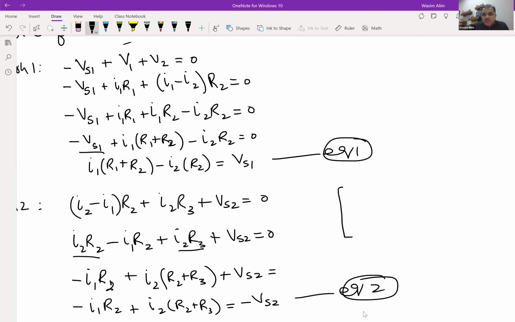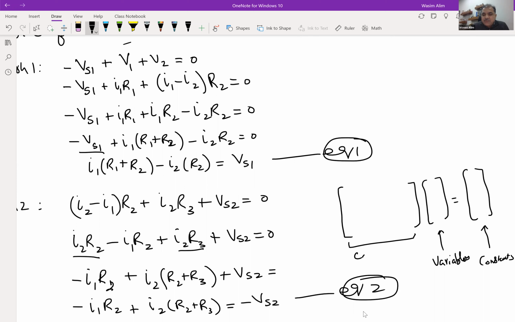So the matrix form has a coefficient matrix, the variable matrix equal to the constant matrix. This will include the constants. This will include the variables, and this will include the coefficients.